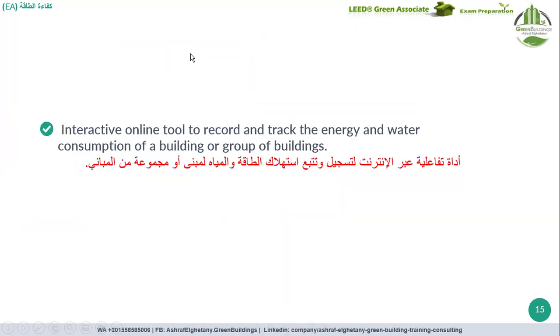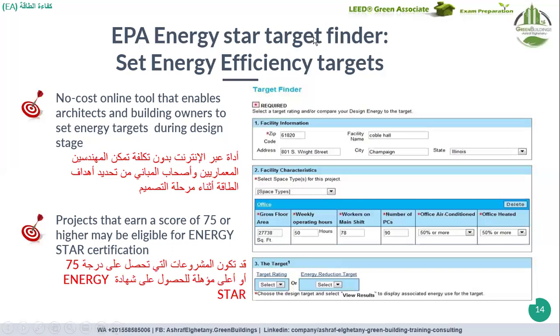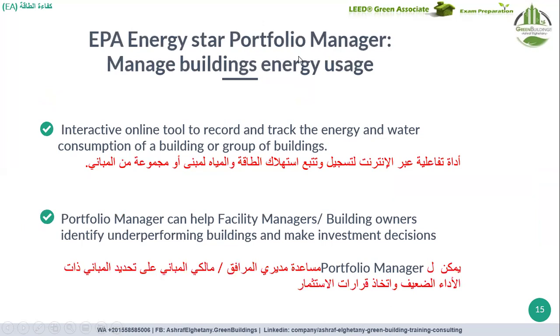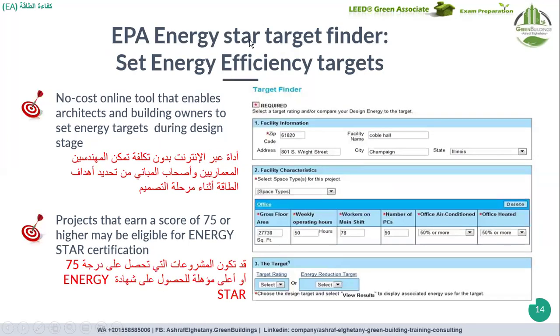This is how we spoke about Energy Star Portfolio Manager and Energy Star Target Finder. We said Target Finder is very useful for owners in the initial phase of the project. So if you are an engineer and you want a rough estimate of the energy use of the project, you can use Energy Star Target Finder.